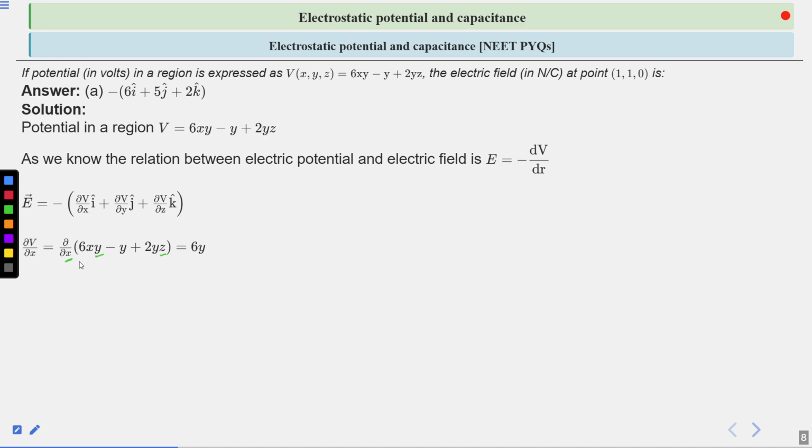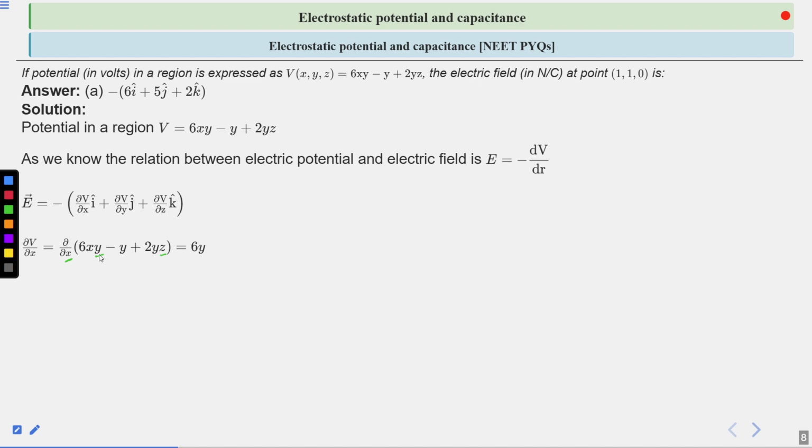Okay, so what are we differentiating now? 6xy. So x is the variable and 6y is considered constant. So it will come out, and dx by dx will be 1. Next, y is constant, so the differentiation of a constant is 0. So this term will result in 0. Y and z both are constants and 2 is constant, so this whole term is constant, and the differentiation of a constant value is 0.